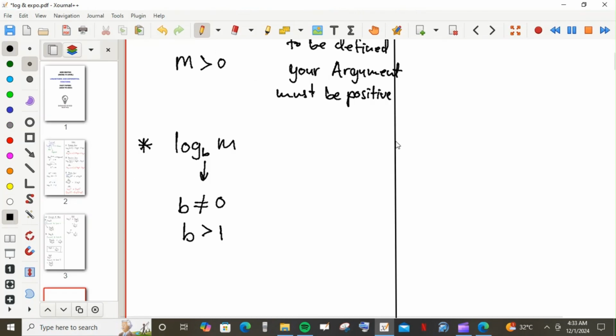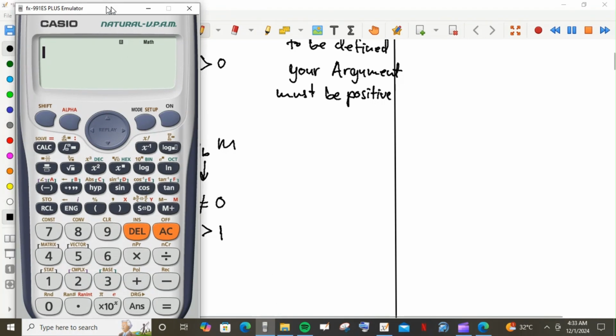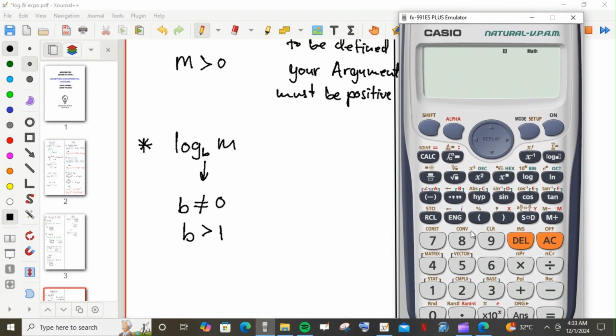For example, let me take my calculator and show you what I mean. Just press the logarithm symbol, this one. Let me put any number here.